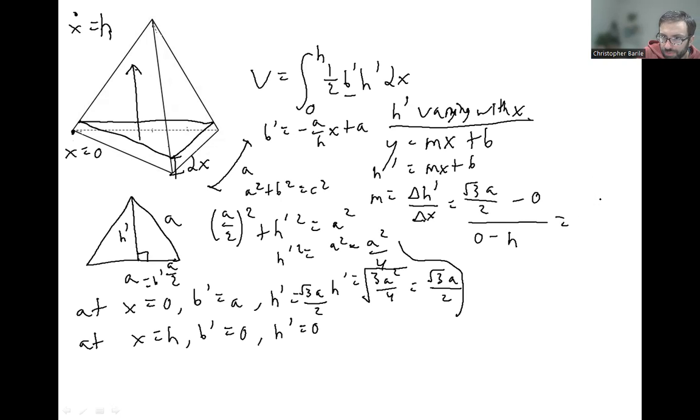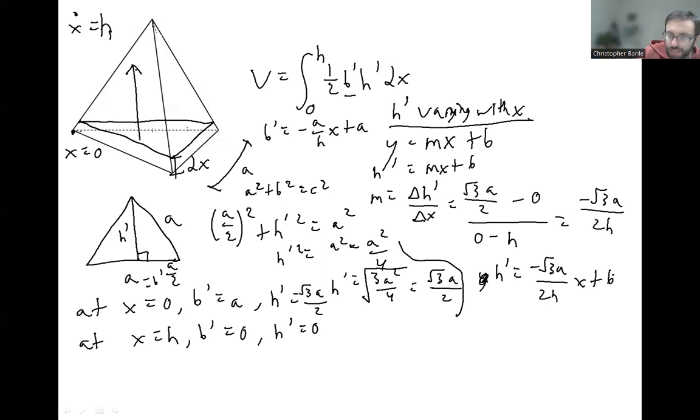So we're going to get a negative here popping out, a negative h, and we're going to get negative root 3a over 2h. And so that's going to be our m.